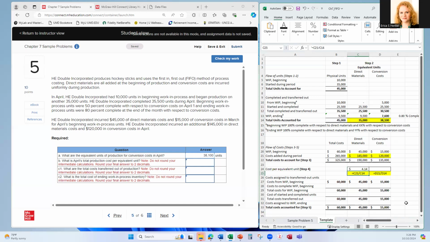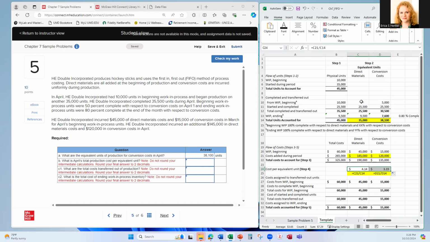And that is going to get us our cost per equivalent unit of 414 and 315. The reason why is because we're only including stuff that has costs in units during the period.